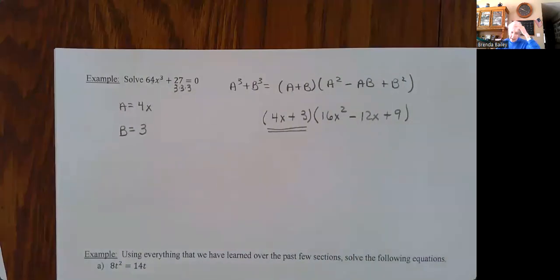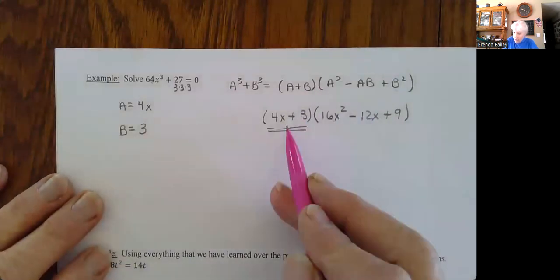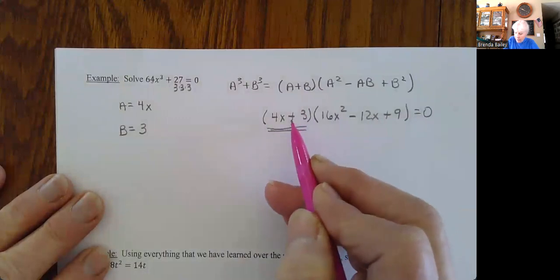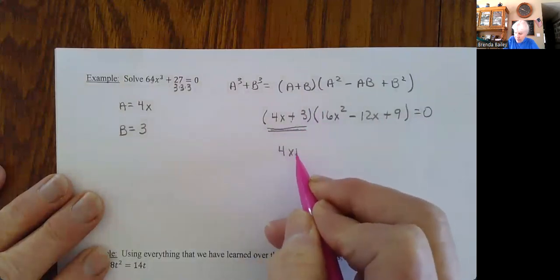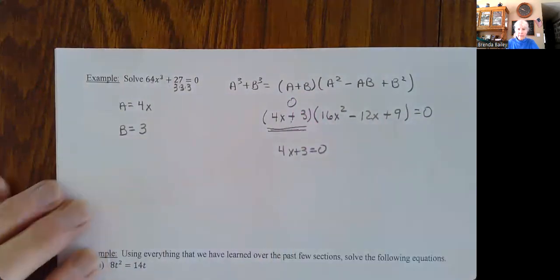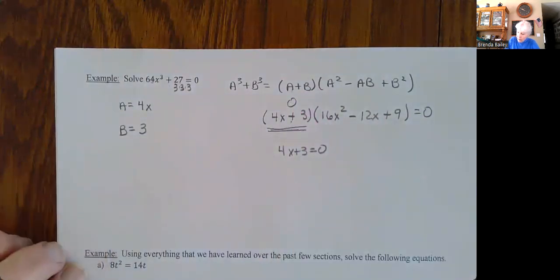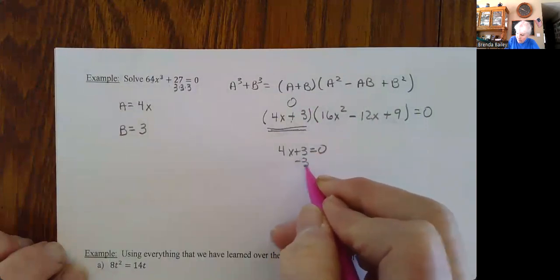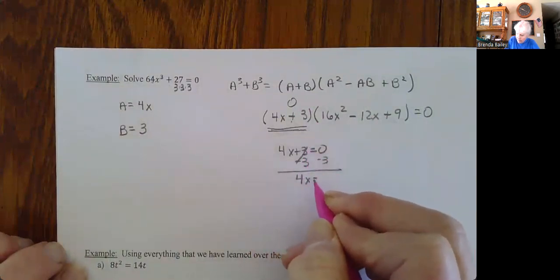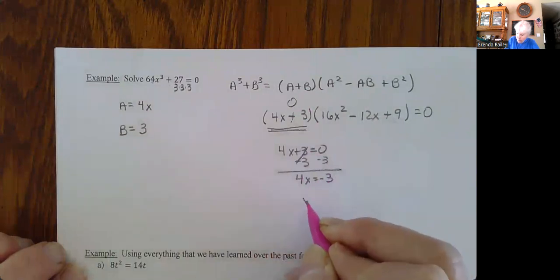Okay, I had to quit there for a second. So anyways, going back to this, so we factored it. The only one you worry about when you're solving this is this first one right here. That's the only one that will be 0 there. Okay, so then you just solve that, and divide by 4.